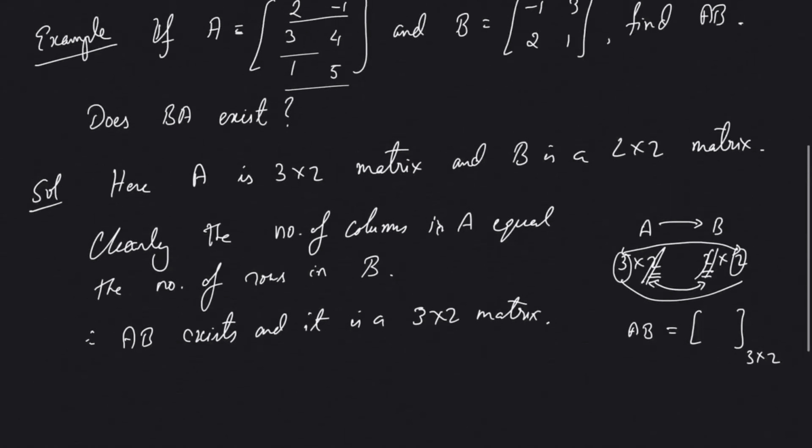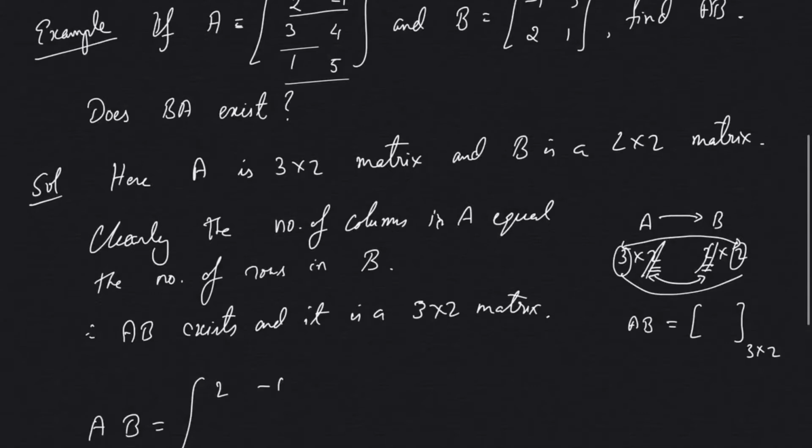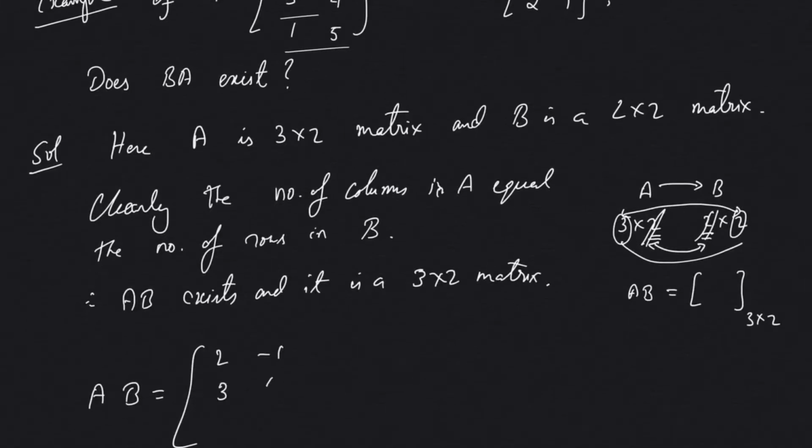Now when we go for multiplication, A into B, that will be [2, -1; 3, 4; 1, 5] into B, [-1, 3; 2, 1].